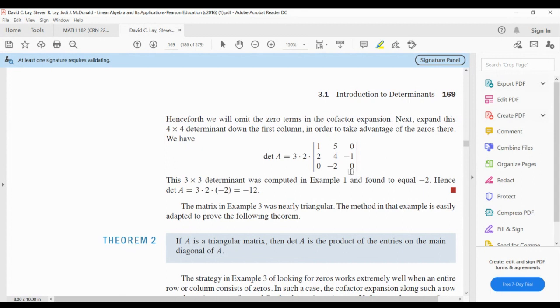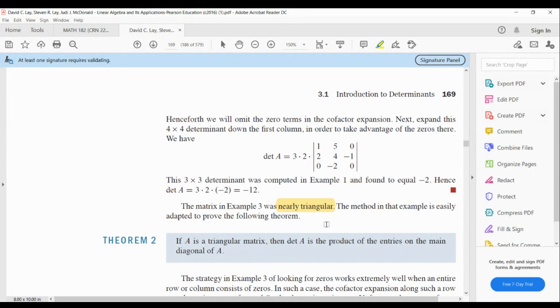Then this matrix here, we found it to be equal to a determinant of negative 2. But this matrix was very nearly triangular. The 3 and the 2 were right on the diagonal.